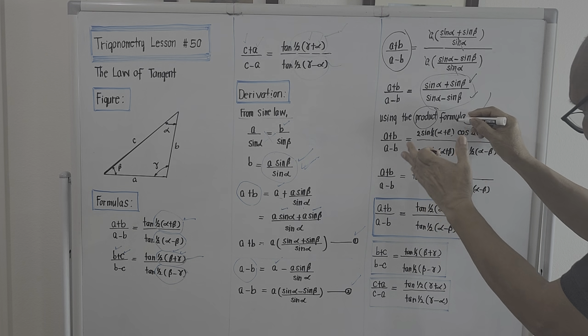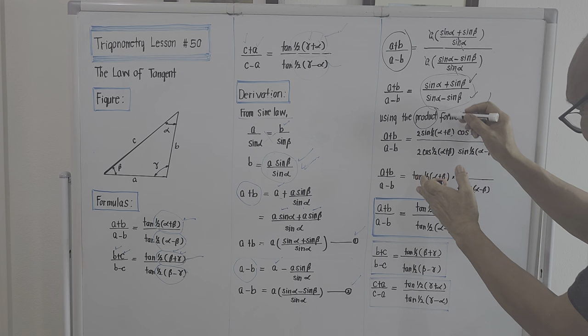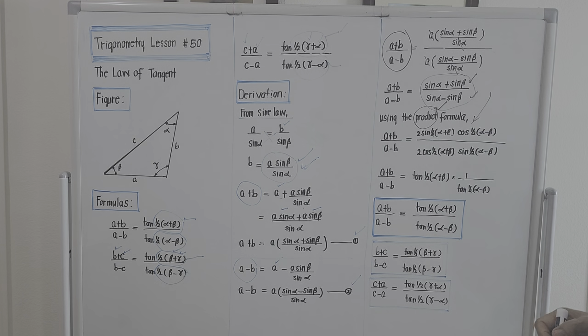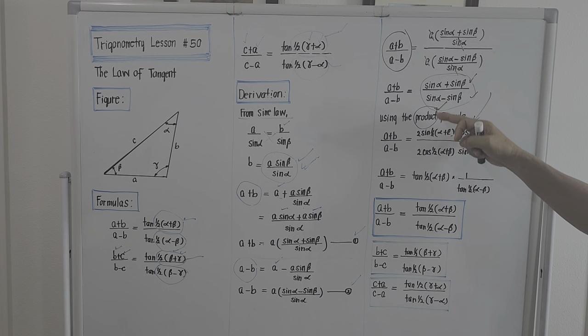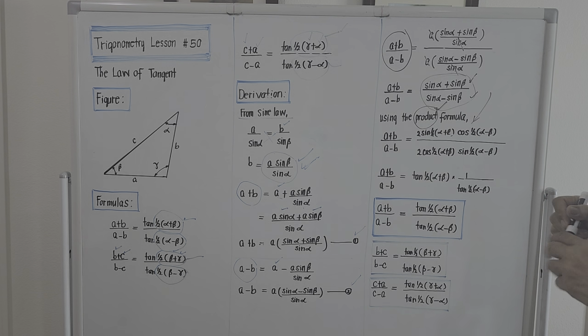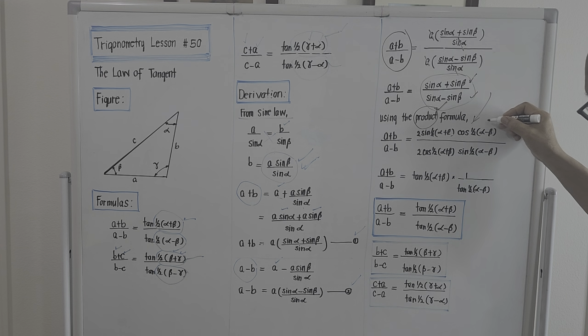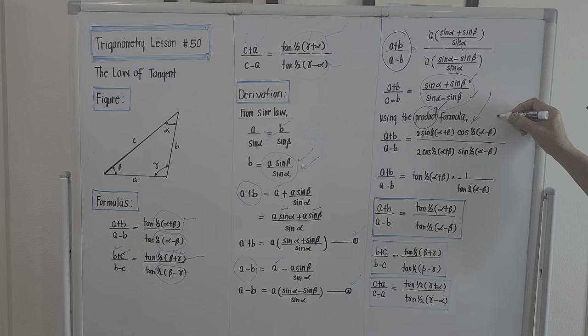So, no more addition here on the numerator, no more addition here. It is a product. Okay? So, the sum sine of alpha plus sine of beta is actually twice sine of the quantity 1/2 of alpha plus beta times cosine of 1/2 of alpha minus beta. The total angle here is 1/2 alpha plus beta. The total angle here is 1/2 alpha minus beta.